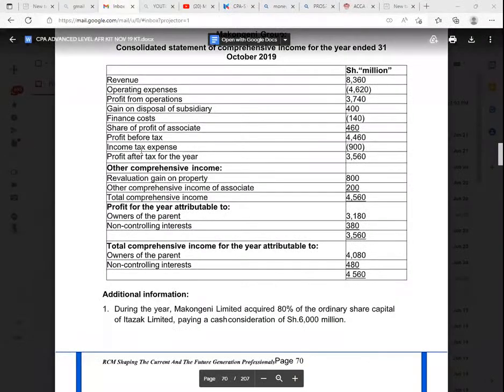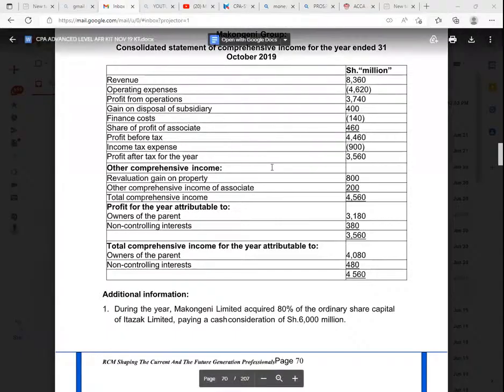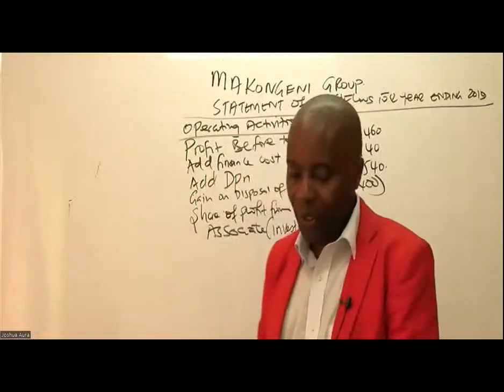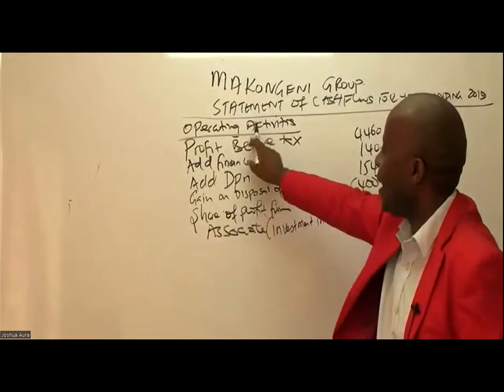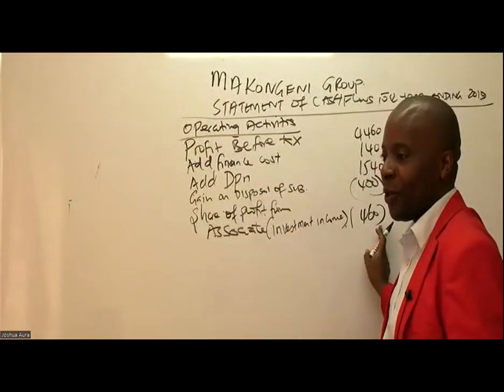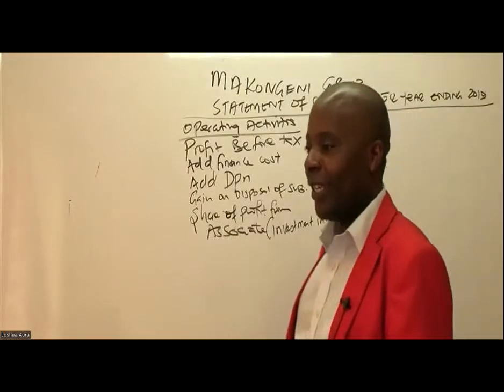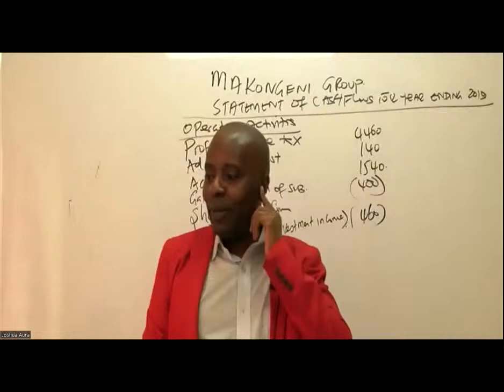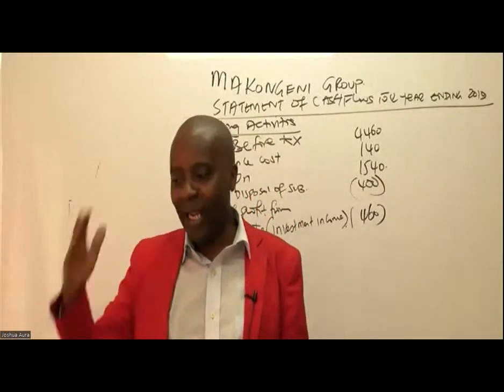So how much do we have here? We have a share of profit of 460. It is a profit added here, so we need to subtract. Are we together up to here?